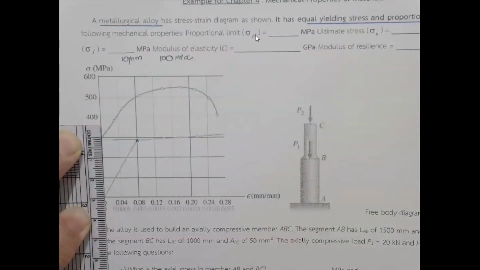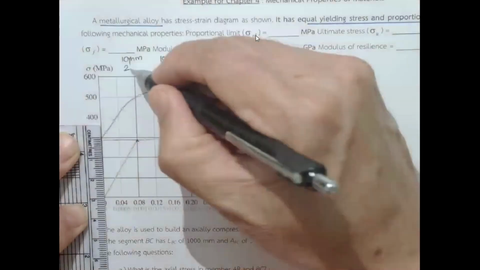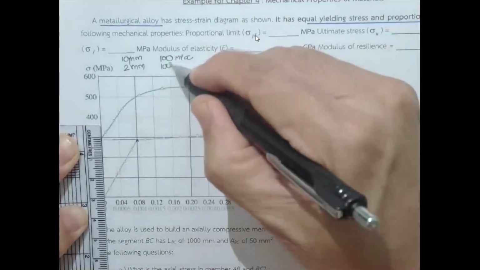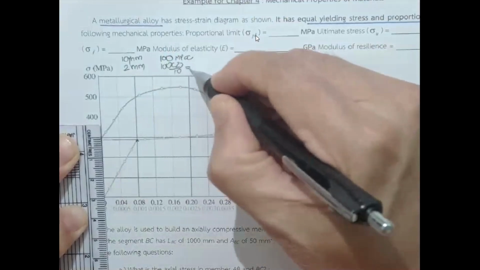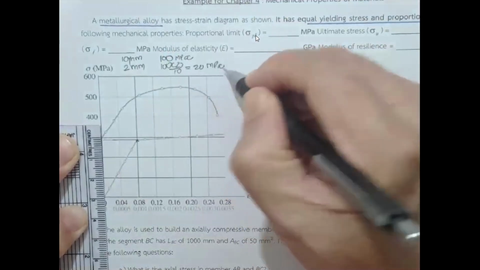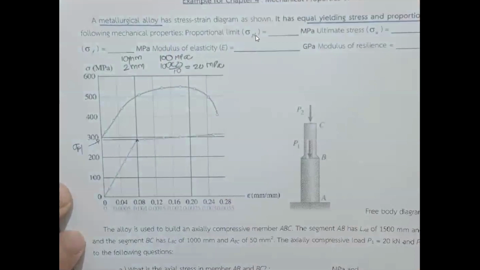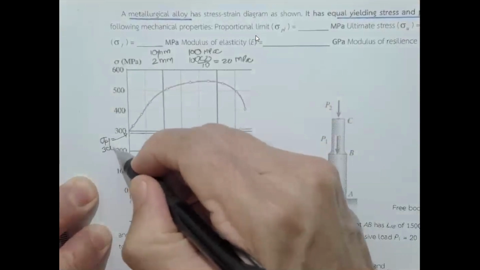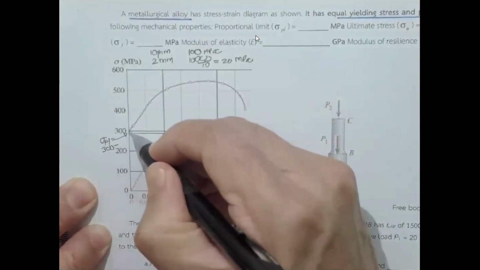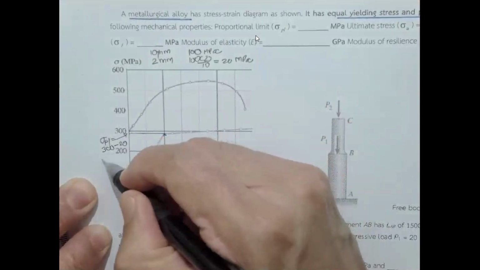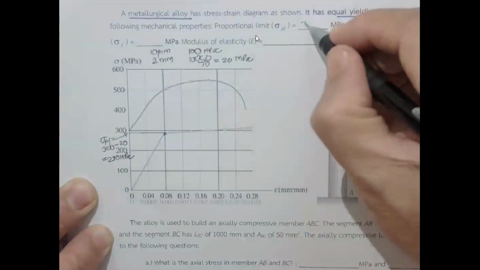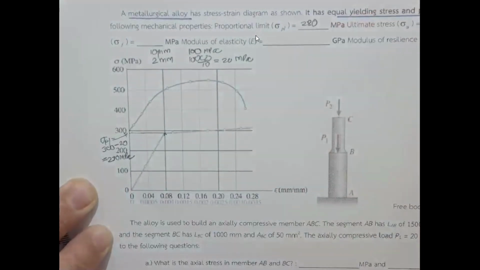But it should not be only 1 or 3 for sure. Let me take this one as 2 millimeter. So the spacing over here is going to be 100 times 2 divided by 10. That's going to be 20 megapascal. Then our sigma sub PL will be equal to 300 minus this spacing, minus 20. This is going to be 280 megapascal. Put 280 over here.